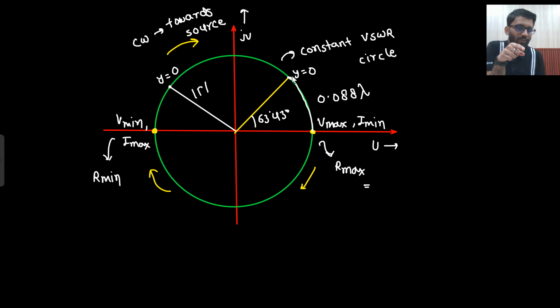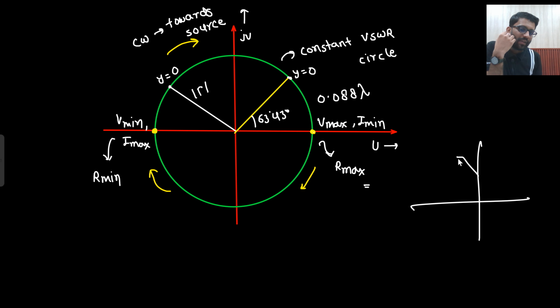So when I work for 0.088 lambda, I have reached this point. At this point, what are we having? At this point, we have V max and I min.